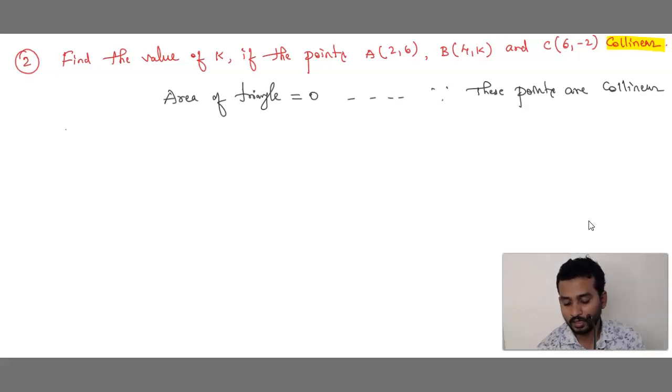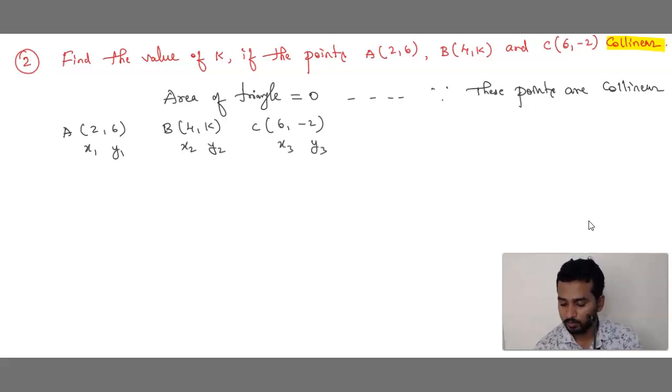First, you write the data. What is the data? A of (2, 6), B of (4, k), and C of (6, -2). That's nothing but x1, y1, x2, y2, x3, y3.